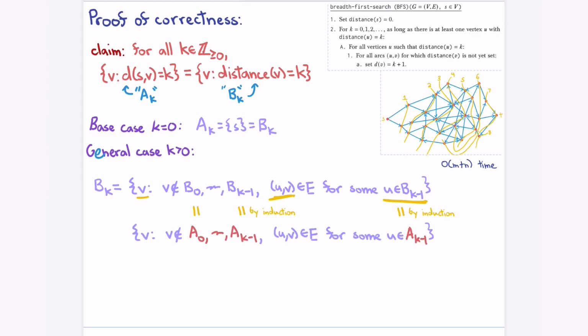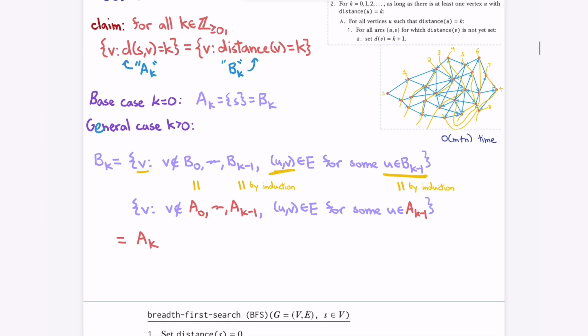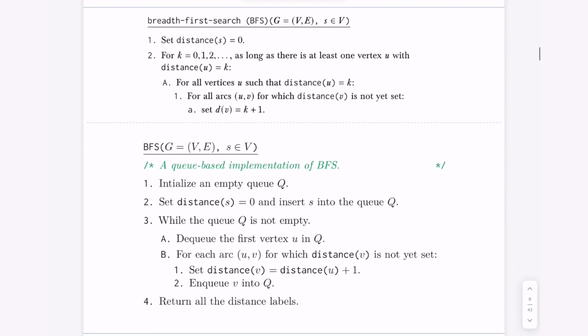And by induction, I know that for all the previous k's, a sub k is equal to b sub k. And that is our definition of a sub k. This is really not a very exciting proof. The vertices that are in fact at distance k will be the ones that have an edge from vertices of distance k minus 1. Not too interesting, I think this is already understood, but it's just writing it out.